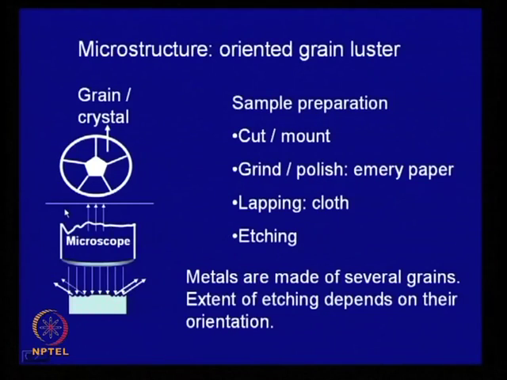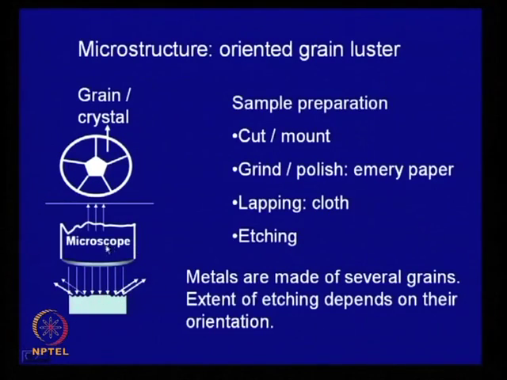This is shown here: the microscope has a lens, this is an objective, and this is the metal piece. Initially it is smooth and shining when you polish it, but when you etch it, certain areas dissolve more than the rest, which is shown here schematically.